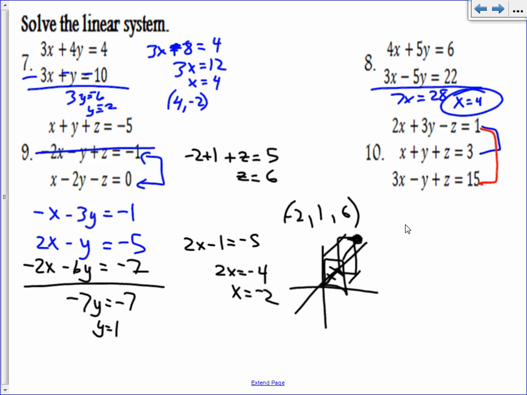Add those two together. 2x and 3x is 5x plus 2y. Take these two and add them together. X plus x is 3x plus 4y. The z's cancel out, and then you have a 2 by 2 equation. Systems. Shouldn't be a big deal.